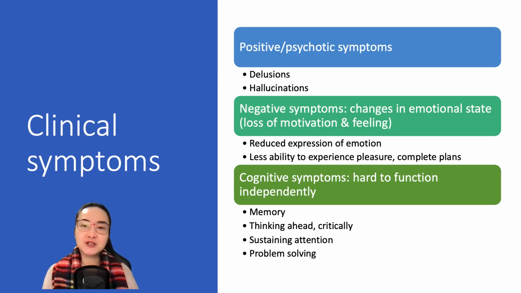For example, reduced expression of emotion, less ability of experiencing pleasure and completing plans. Cognitive symptoms, hard to function independently. For example, in terms of memory, thinking ahead or thinking critically, sustaining attention, and problem solving.